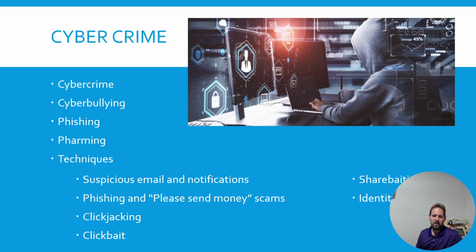We have phishing, which is an email or instant message crime where someone appears to be someone you normally do business with, contacting you and asking you to verify your account information. So someone says, hey, this is PNC, someone's hacked your account, please log in and change your password, when it's not actually PNC or whatever bank it is that you use: Discover, the credit union down the road, Bank of America, whatever the case is.